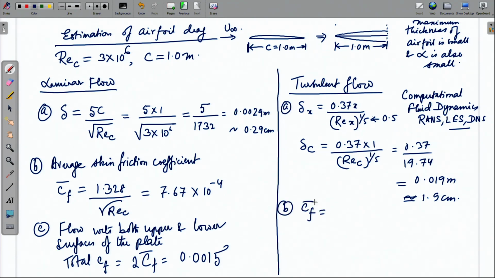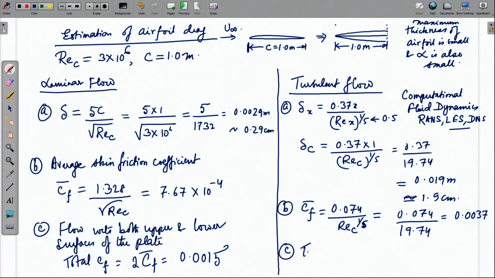How about CF? It gives a correlation. So, what you have is 0.0594 by Re_c to the 1/5, which is 0.0037, and the total CF would be twice as much. So, that will be about 0.0074, which is almost 5 times that of the laminar case.